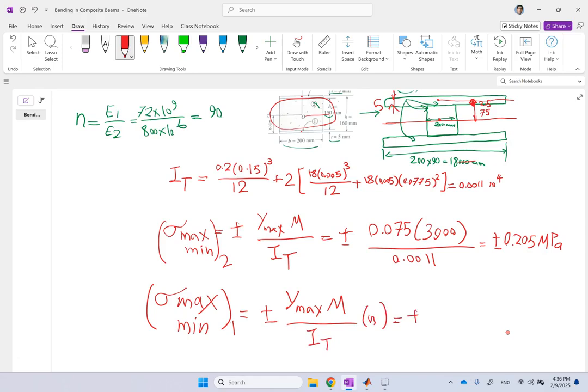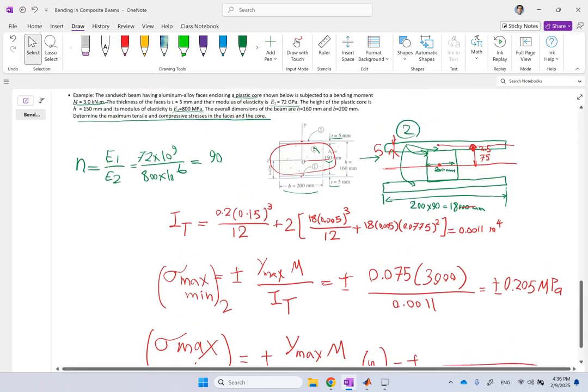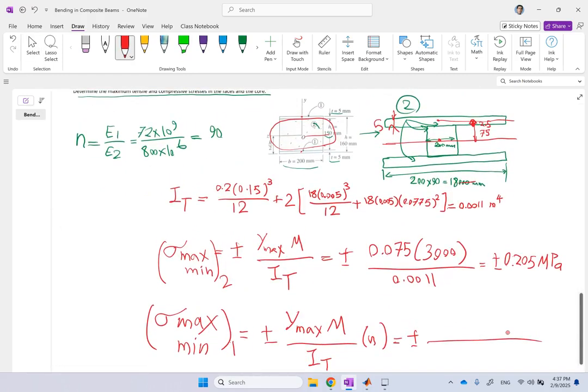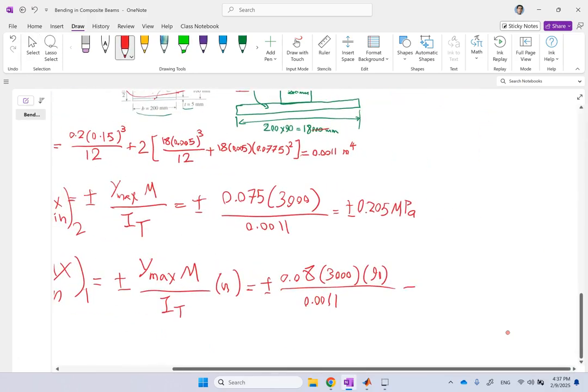So in this case, your y max is, if you look at it, it is 0.08. It's 80 mil. So it is 0.08, not 0.075. M is still the 3000. n is 90. And I total still this number. So if you do that, you're going to get plus and minus 19.636 megapascal.